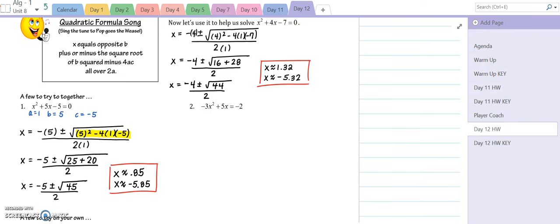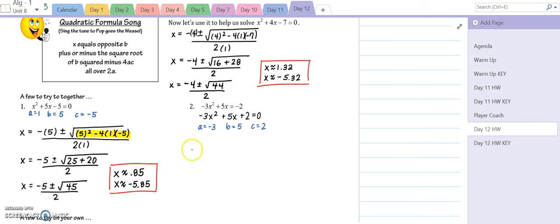So clearly everything's not on one side. So before you can use the quadratic formula, you have to get all of the terms on one side with the 0 on the other. So negative 3x squared plus 5x, add that 2 to the other side, and now I have the equals 0. So a equals negative 3, b equals 5, c equals 2.